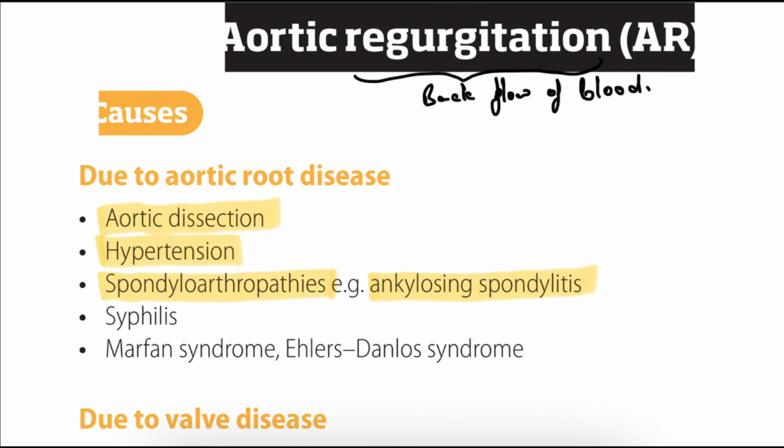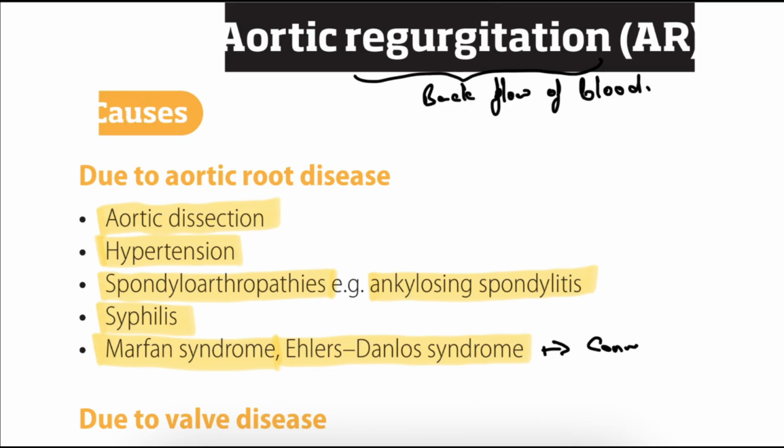Along with that, you can see syphilis, Marfan syndrome, Ehlers-Danlos syndrome, like connective tissue problems. Infective endocarditis also can cause it, and rheumatic heart disease and bicuspid aortic valve, and connective tissue disorders also can cause aortic regurgitation.